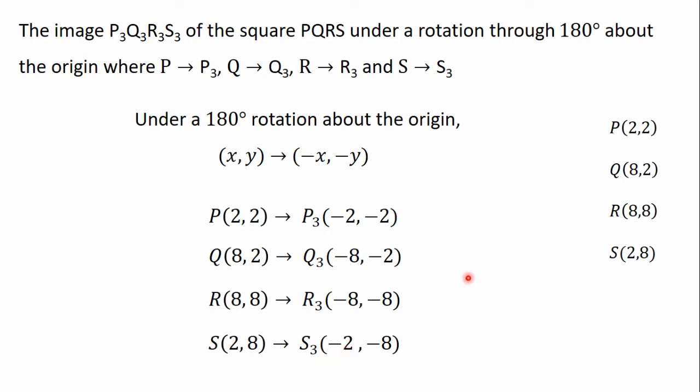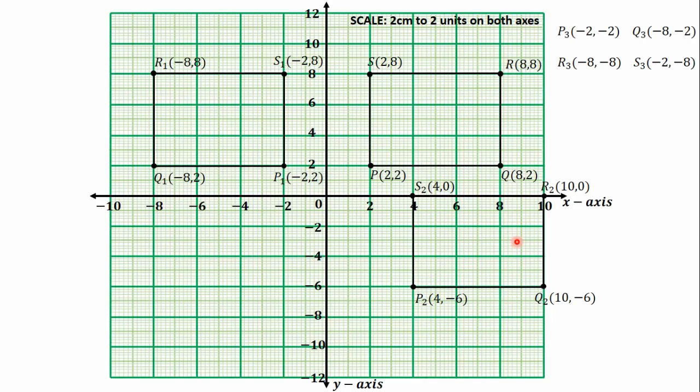We now have the coordinates of P3, Q3, R3, and S3. We can plot them on the graph sheet and join them to get the image square P3, Q3, R3, S3. So let's do that. These are the coordinates of P3, Q3, R3, S3. We are going to plot them on the graph sheet. Point P3 has the coordinates (minus 2, minus 2), so minus 2 on the x-axis and minus 2 on the y-axis.